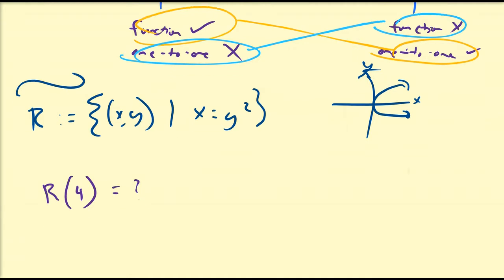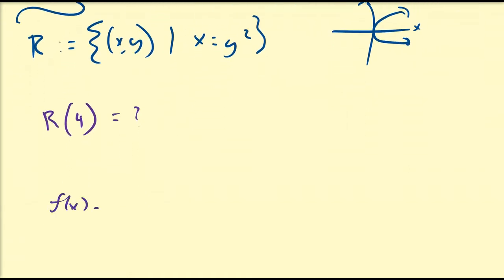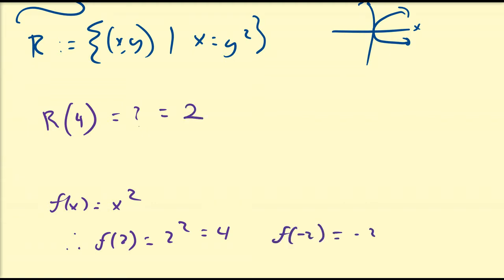So usually, if we have f of x is equal to x squared, then we say that f of 2 is going to be equal to 2 squared, which is equal to 4. All right, so if r is the inverse relation, whatever that means, then r of 4 should be equal to 2, right, by this logic. But we also know that f of minus 2 is going to be equal to minus 2 squared, which is equal to 4 as well. So you can also say that r of 4 is equal to minus 2.